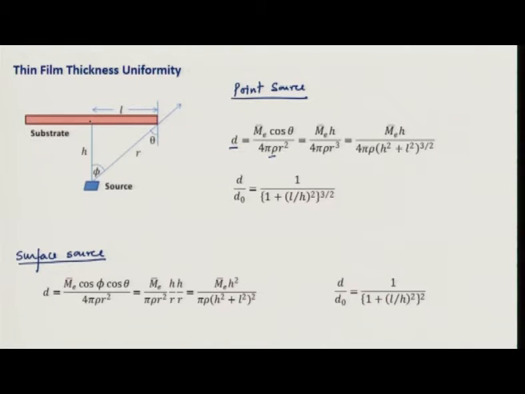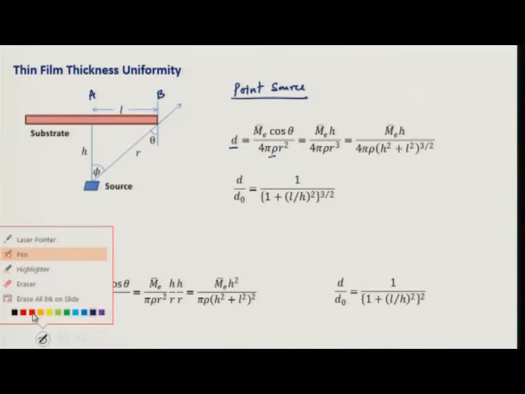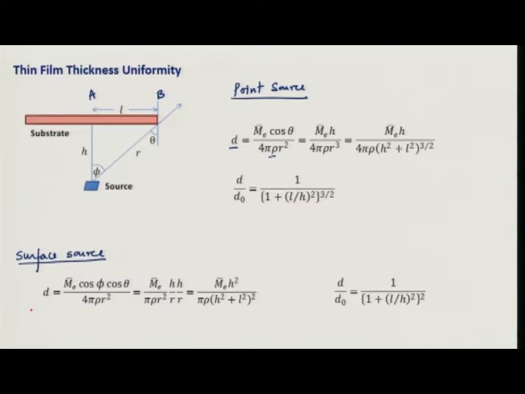The substrate is kept at a distance h from the source, and I am calculating the thickness as a function of L, at point A and point B. So, as a function of h and L, from this geometry I can calculate what the thickness would be at any given point. h is fixed, L I can vary, so I can measure the thin film thickness at different points, and it will all be different because L is changing.